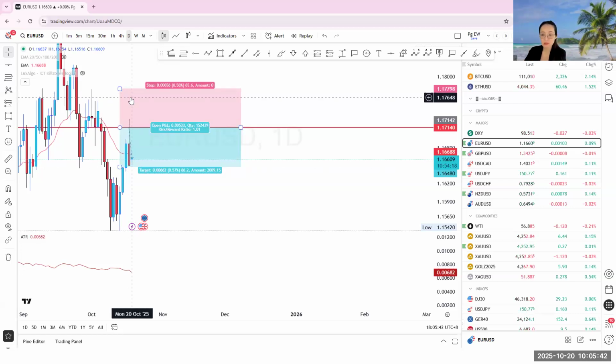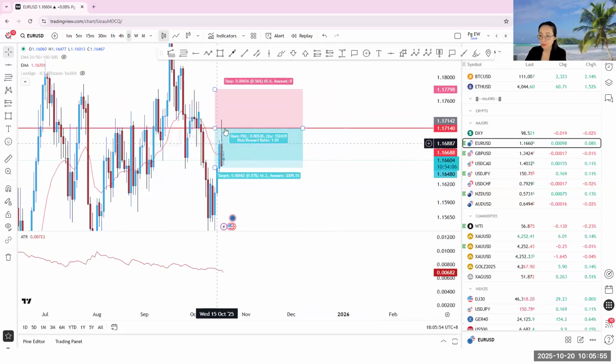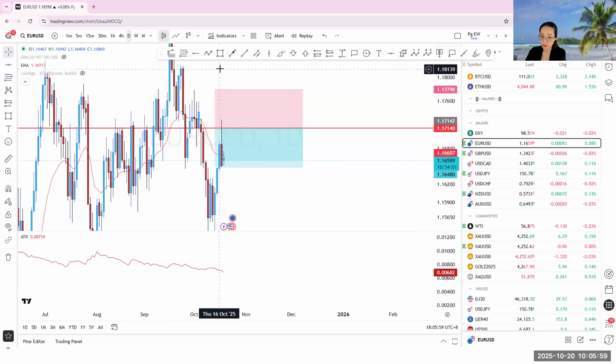You see that? So now you have the idea: I'm a part-time trader and I only want to trade support and resistance. If you know how to identify support and resistance correctly, you can put a pending order here, and then you use the ATR over here to place your stop loss.